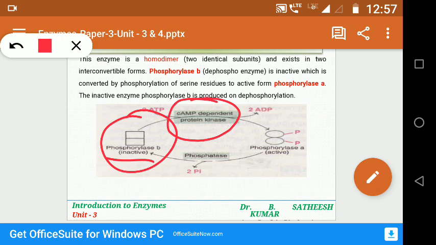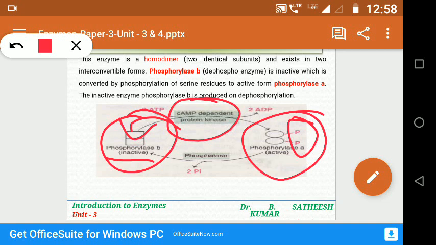These protein kinases will phosphorylate the glycogen phosphorylase which is in B form, that is the inactive form. Because it is a kinase enzyme, it will attach phosphate molecules to phosphorylase B. This phosphorylated form is now known as phosphorylase A, which is the active form.